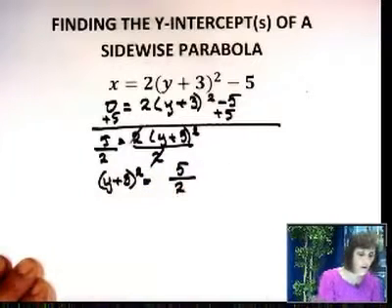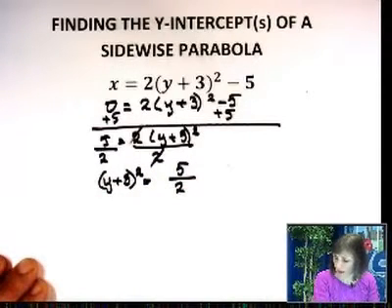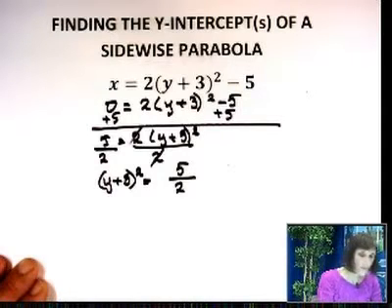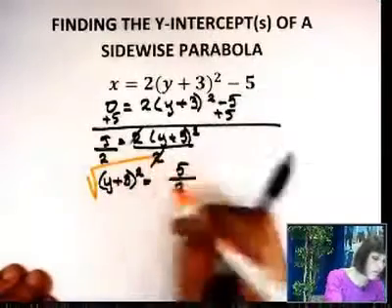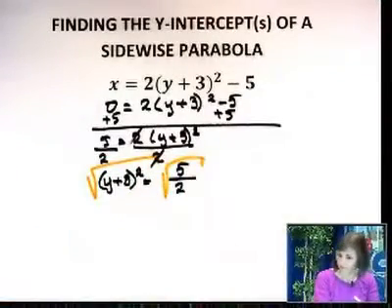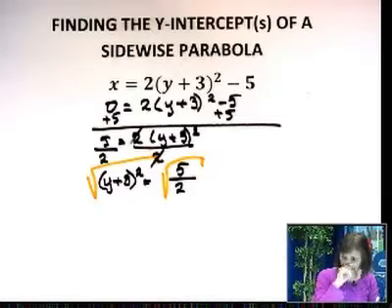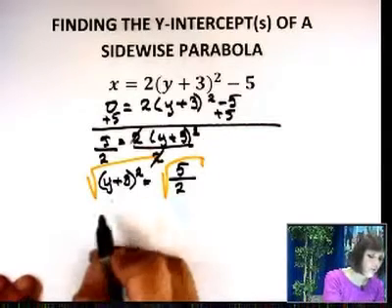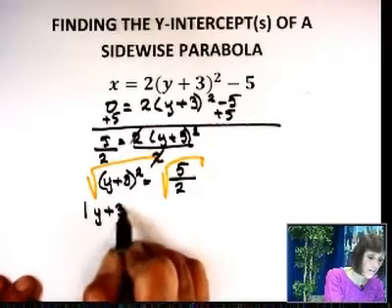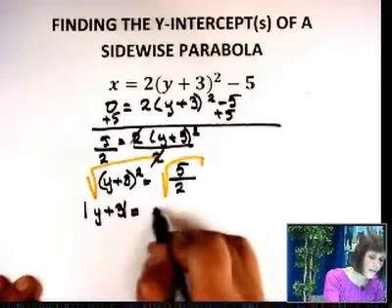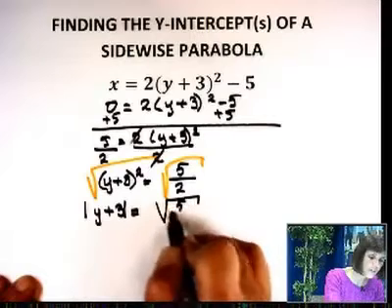All right? And what you're going to do now is take the square root of both sides. You're going to get the absolute value of y plus 3 on the left, and you have the square root of 5 over 2 on the right.